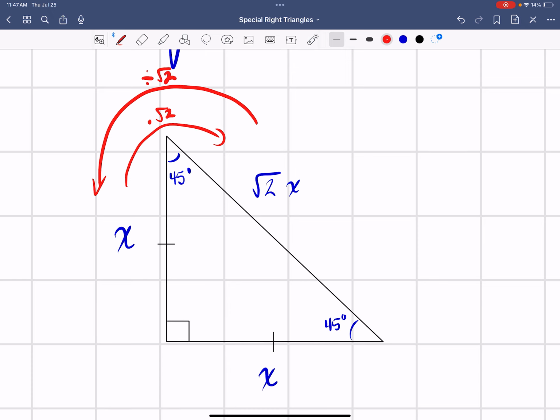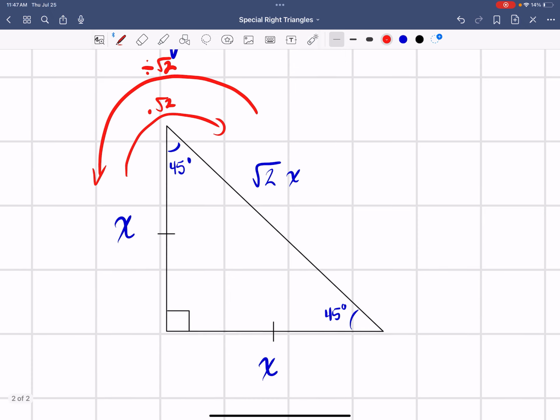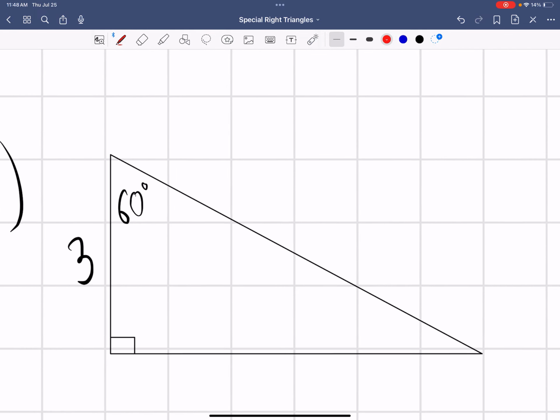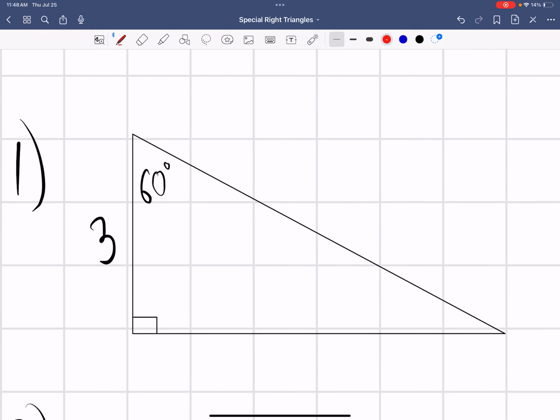And that's it. That's everything you need to know to fill out these special right triangles or to solve for missing sides. So let's try a couple examples. In this first example, first of all, this angle right here must be a 30-degree angle because if the other acute angle is 60 and the two acute angles are complementary, this one must be 30.